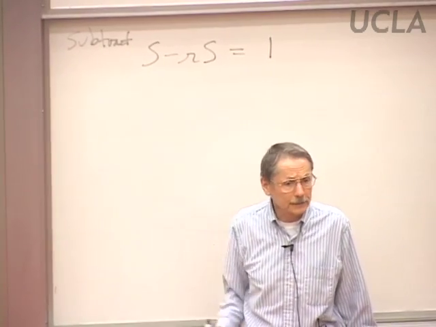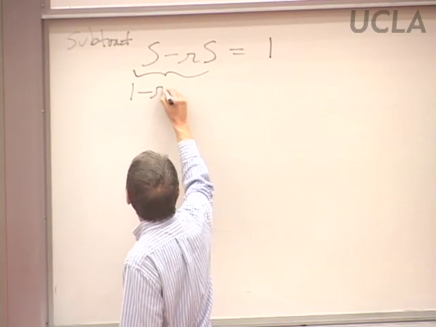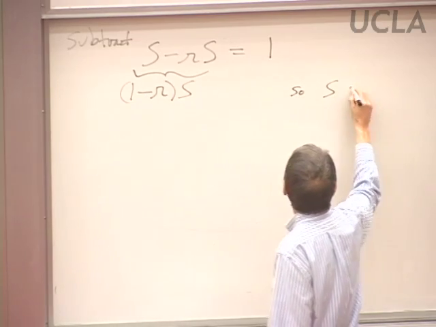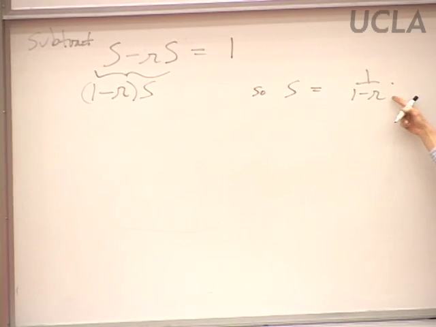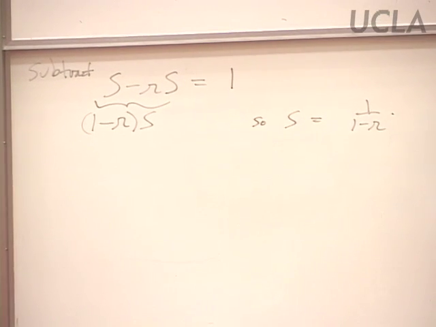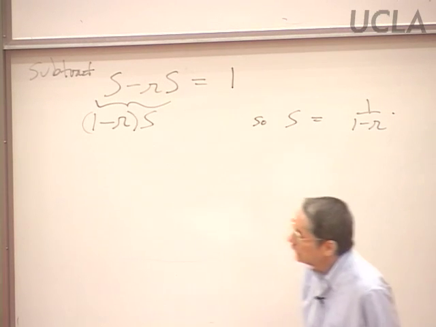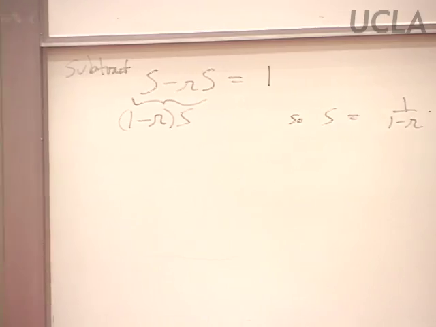All those other terms cancel. This factors. Yeah, even on a desert island, we can calculate the sum of this geometric series. Call this equation number 1.